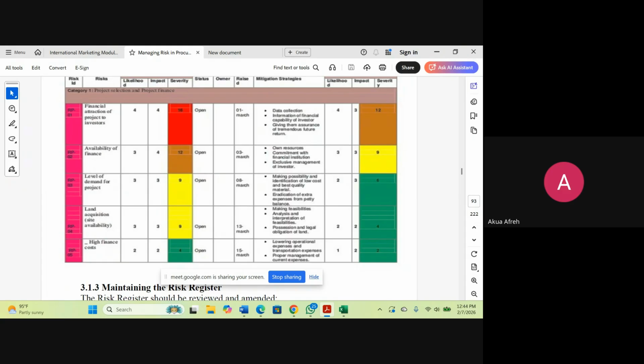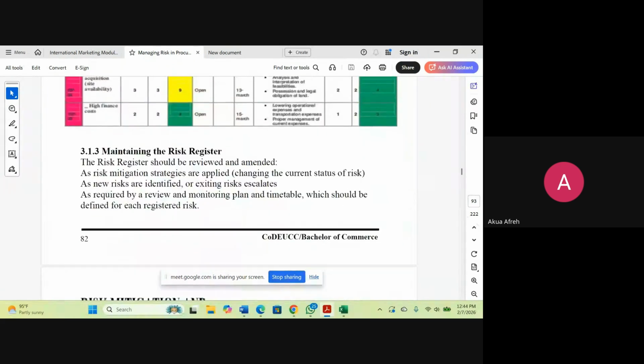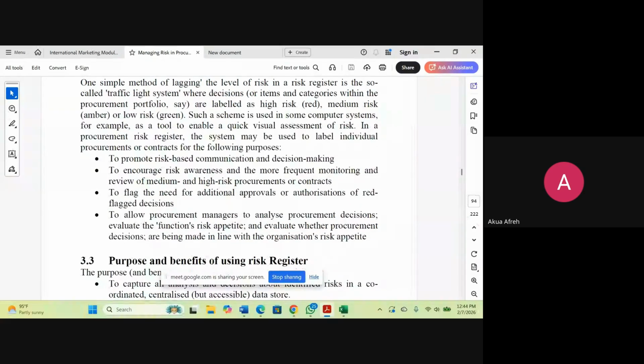Then the yellow is in between. Then the green, we know that it's something that we can deal with. So the red is high risk, the amber, which is the yellow, is the medium risk, and the green goes for the low risk. So this one helps us to identify critical risk very fast. So this is the traffic light that they are talking about.